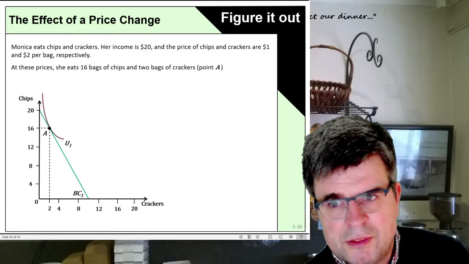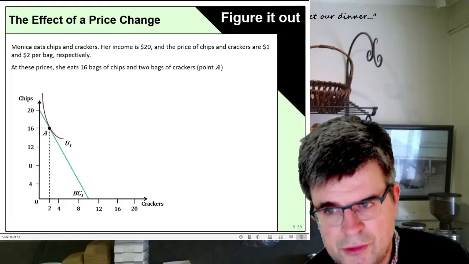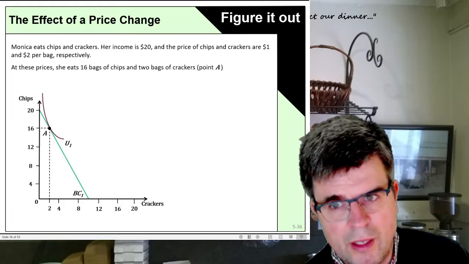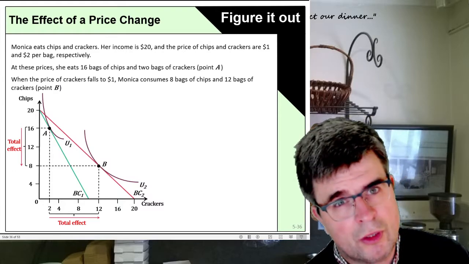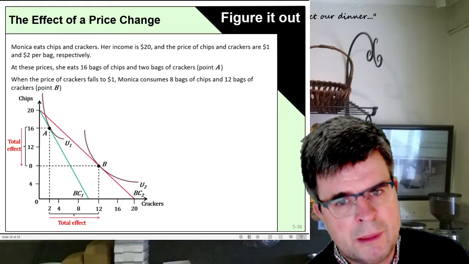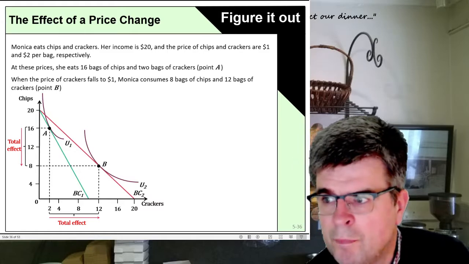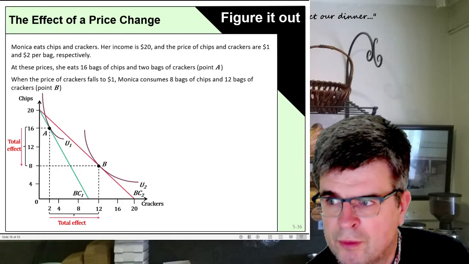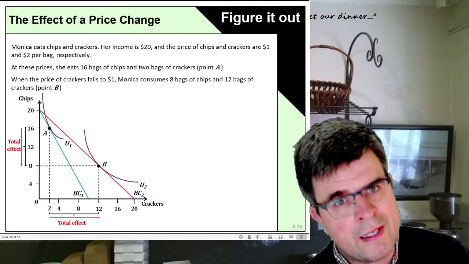At these prices, she eats 16 bags of chips and 2 bags of crackers, so her consumption is at point A. And when the price of crackers falls from $2 to $1, Monica consumes 8 bags of chips and 12 bags of crackers. So in the figure, you see the total effect of the decrease in the price of crackers.